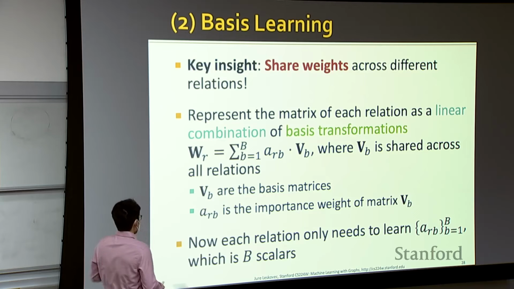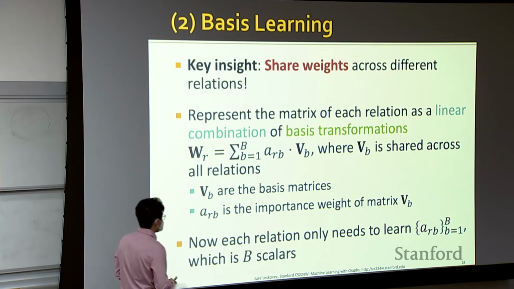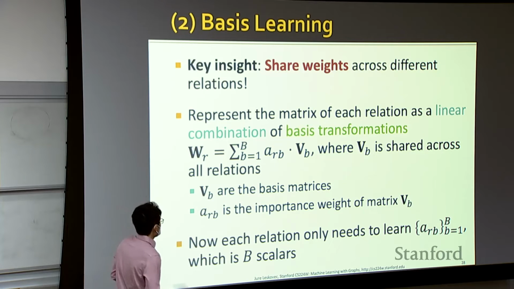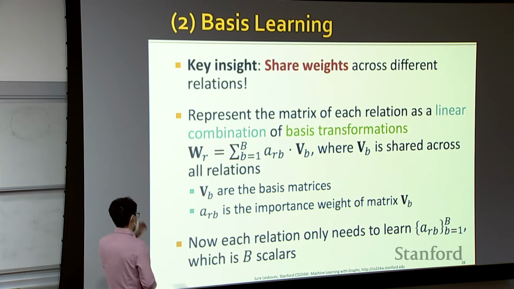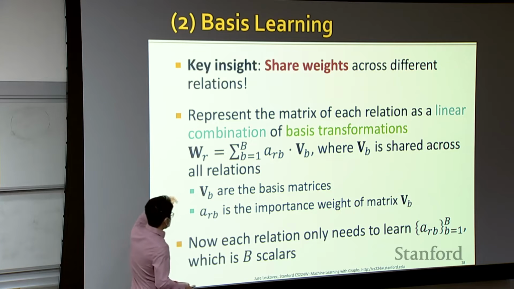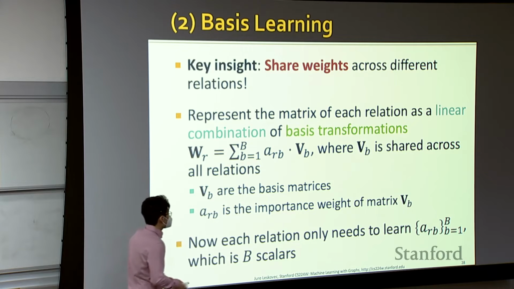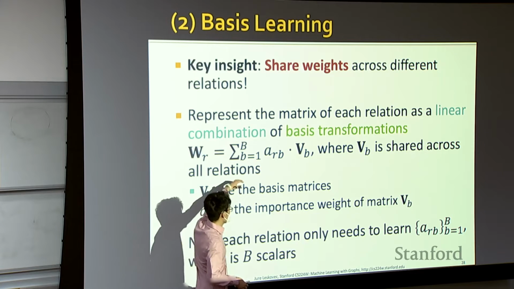Another widely used approach is to share the weights across different edge types, essentially reducing the trainable parameters. In this case, we have the idea of so-called basis decomposition or basis transformation. So instead of letting this weight matrix W_r be fully trainable, we can consider the following formulation.